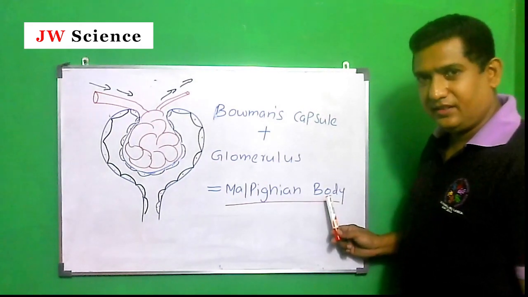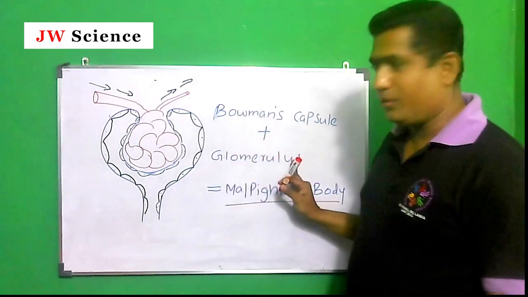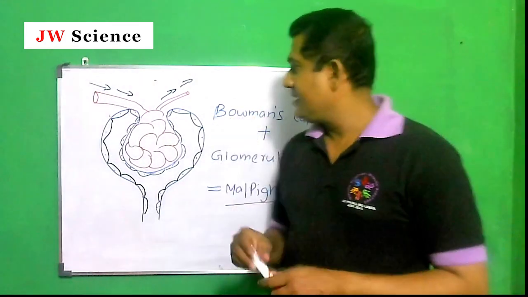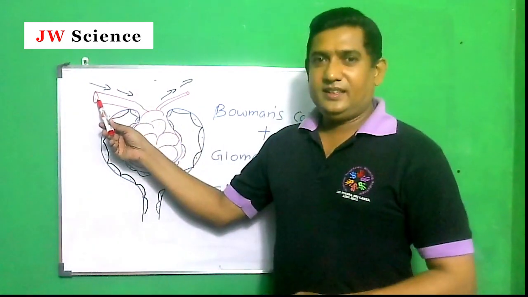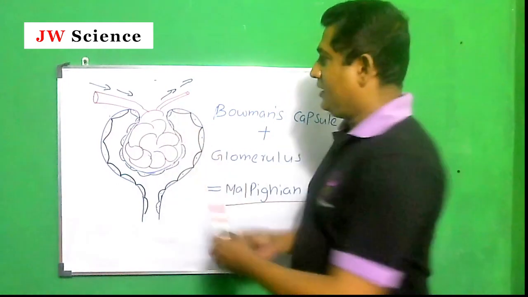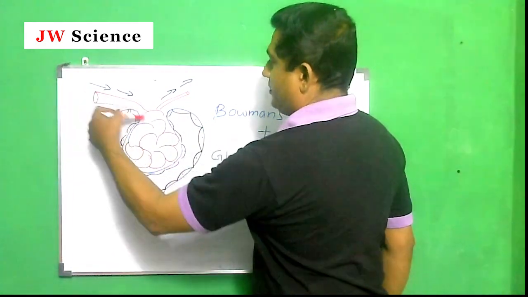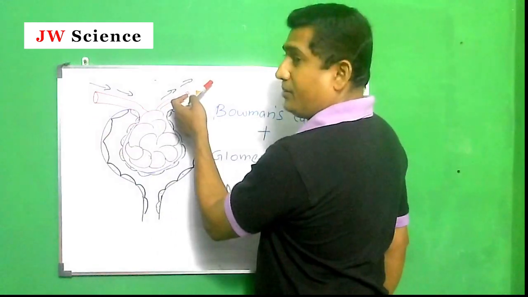Malpighian body is Bowman's capsule plus glomerulus. Okay. So this is the afferent arteriole and this is the efferent arteriole. So blood flows in this direction, comes from here and moves away from here.